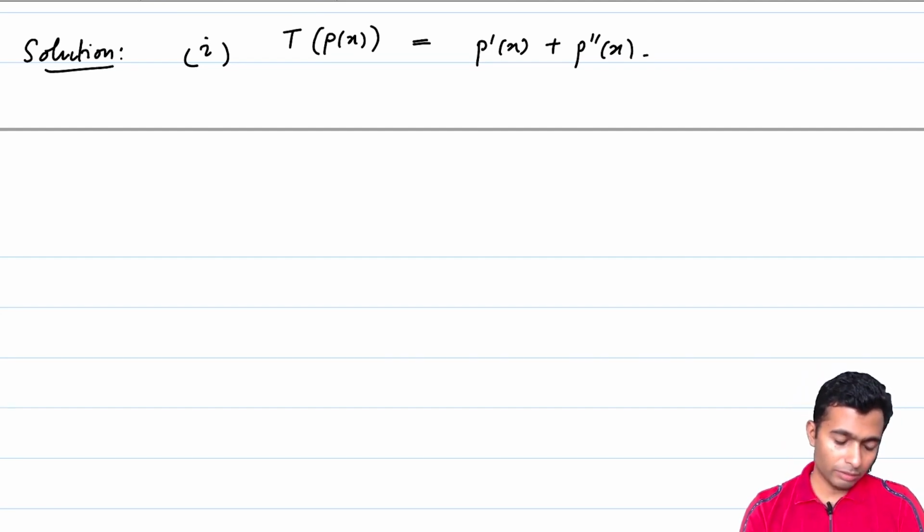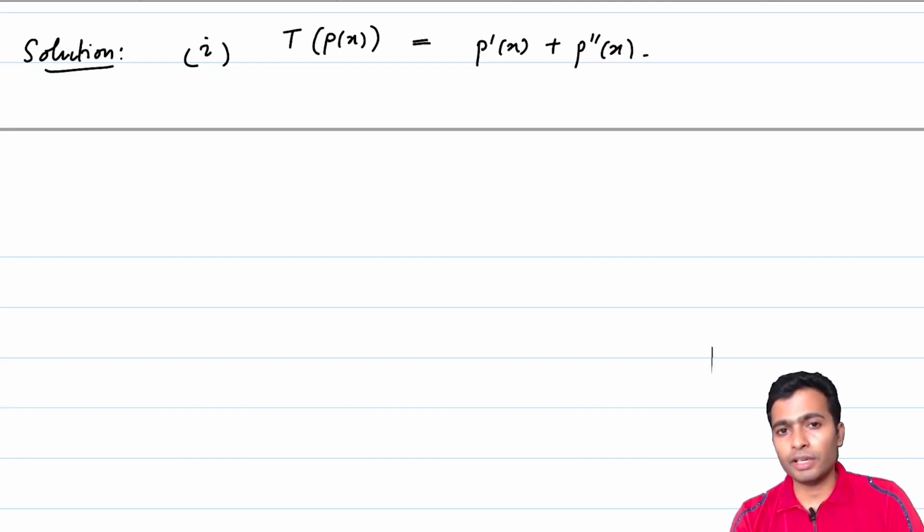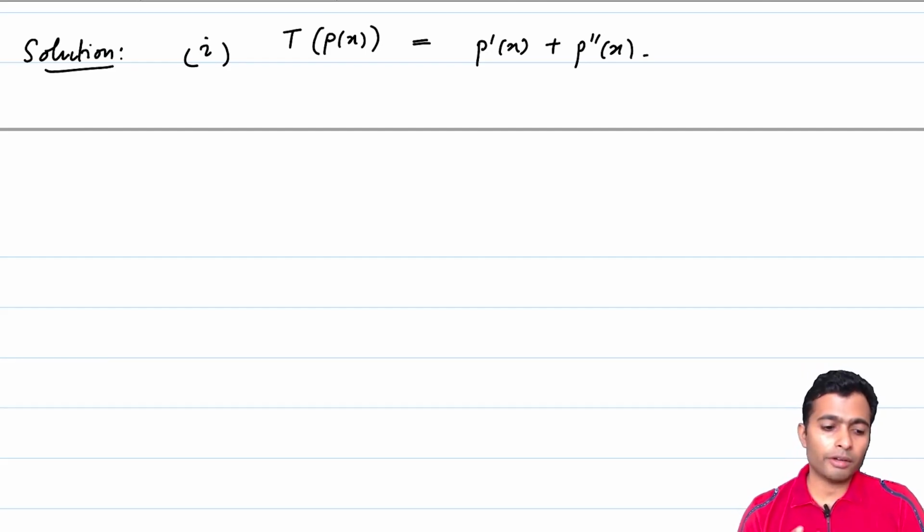We say that a linear operator is diagonalizable if we can get hold of a basis of V consisting of eigenvectors of T. But to talk about eigenvectors, we will have to talk about the eigenvalues, and eigenvalues can be realized as the roots of the characteristic polynomial of T. Now, the roots of the characteristic polynomial of T are the same as the roots of the characteristic polynomial of the matrix of T with respect to a basis, and we have seen that similar matrices have the same characteristic polynomial, and hence there is no dependency on the basis.